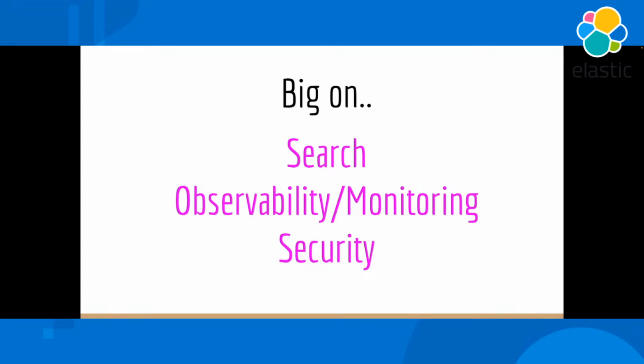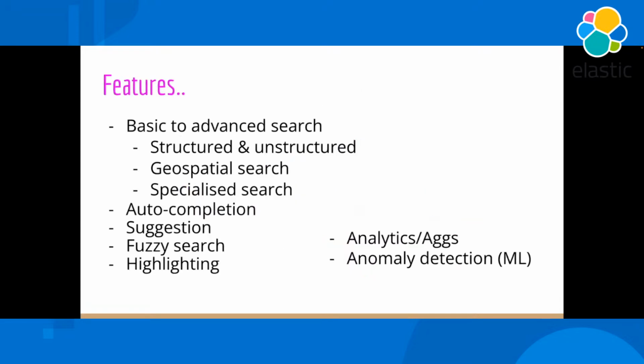You could use it for searching, for observability of your applications and infrastructure, including the monitoring side of things, and of course the security side as well. To find out the anomalies, or whether there are any hacker attacks on your infrastructure, that can be analyzed using Elasticsearch too.